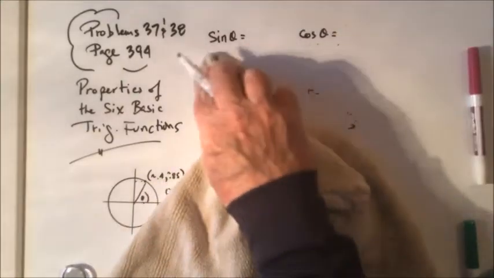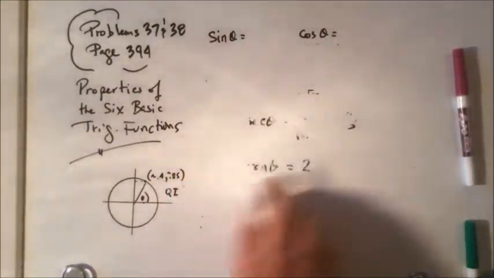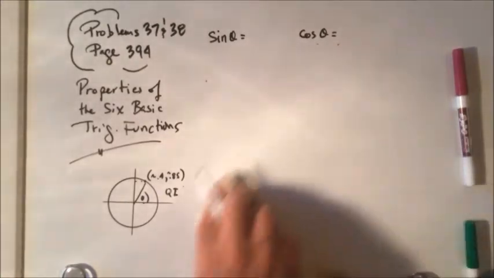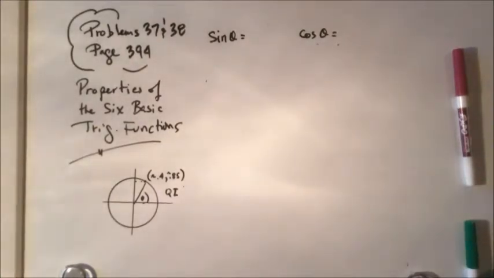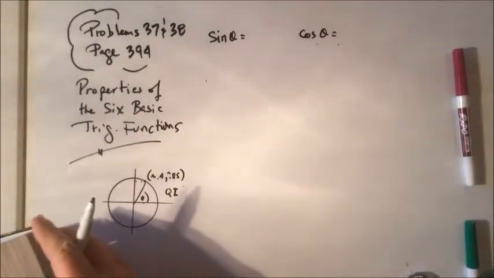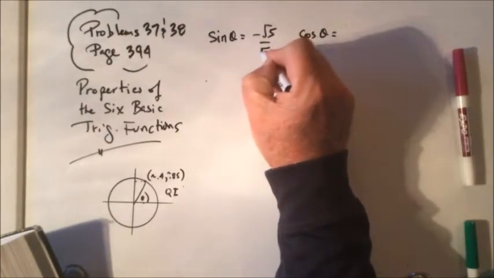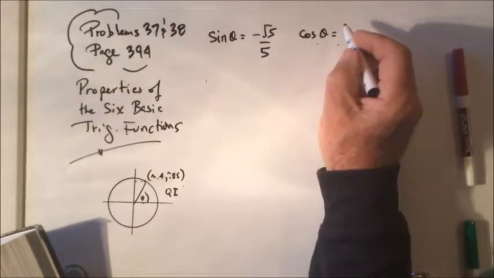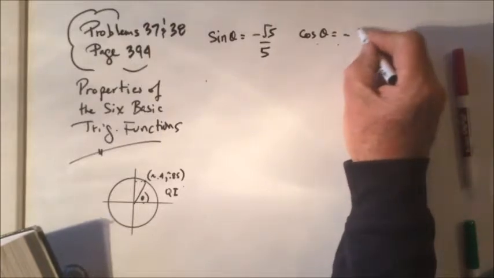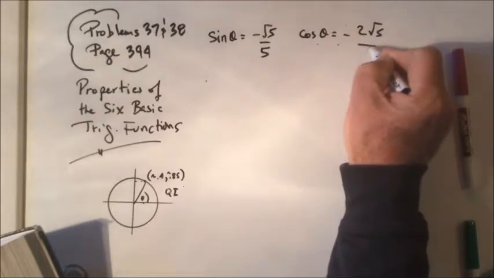And I think problem 38 is remarkably similar. Let me get my textbook up in the light so I can see it here. Problem 38 says sine is minus root 5 all over 5, and the cosine is minus 2 root 5 over 5.